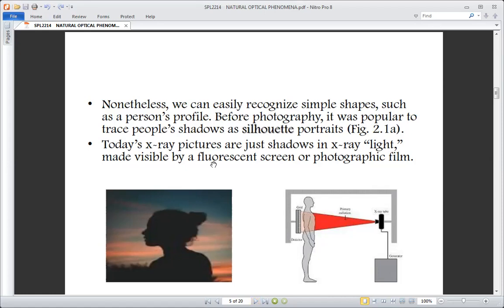Then we also have aspects like X-rays. An X-ray, in essence, is just a shadow of the object or the part that is exposed to the X-ray. Of course, we have aspects like diffraction that take place, but that diffraction is brought about by obstacles.